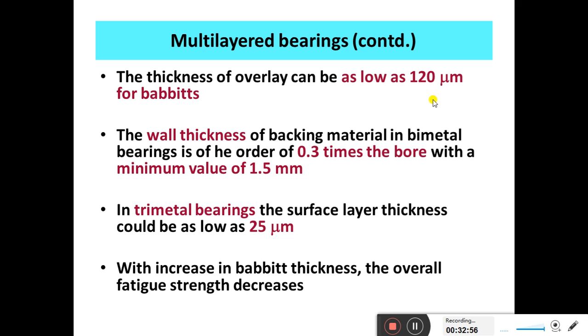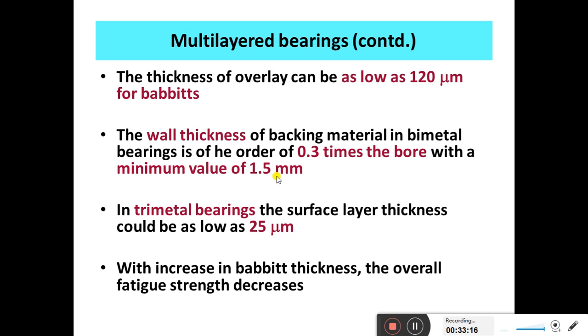And of course here Babbitt is also used for these multi-layered bearings by coating some other metal. The wall thickness of the backing material for a bimetal is 0.3 times the bore with a minimum value of 1.5 mm.